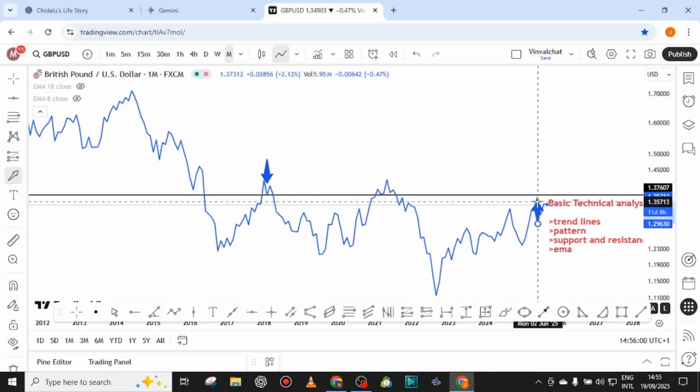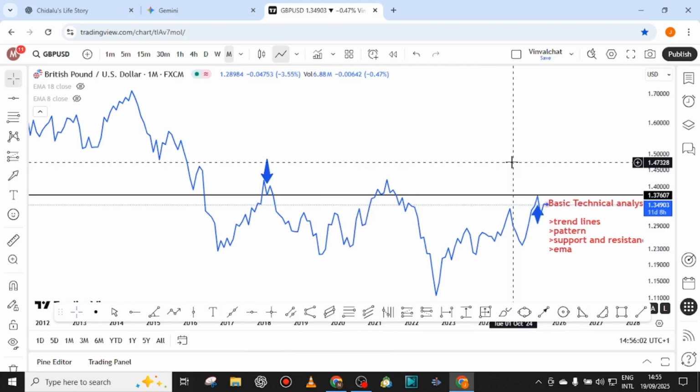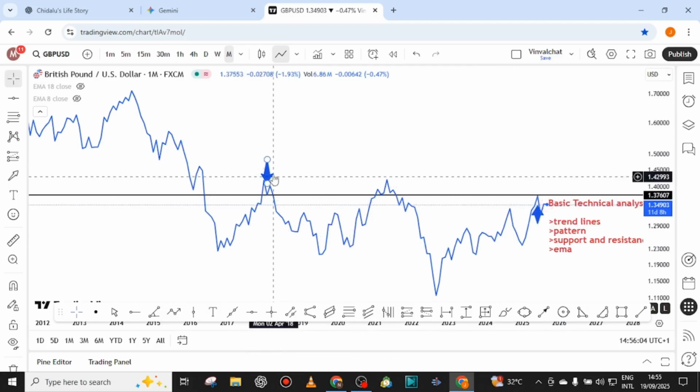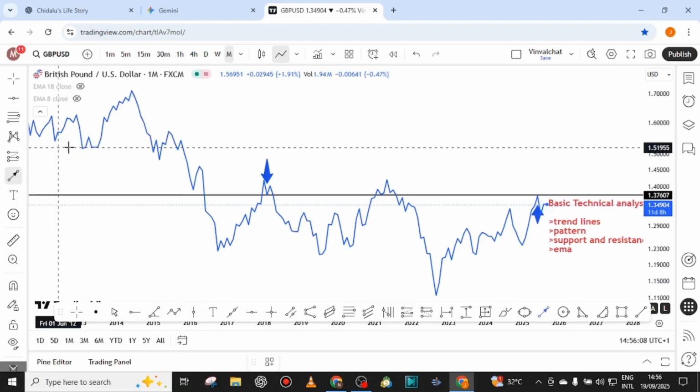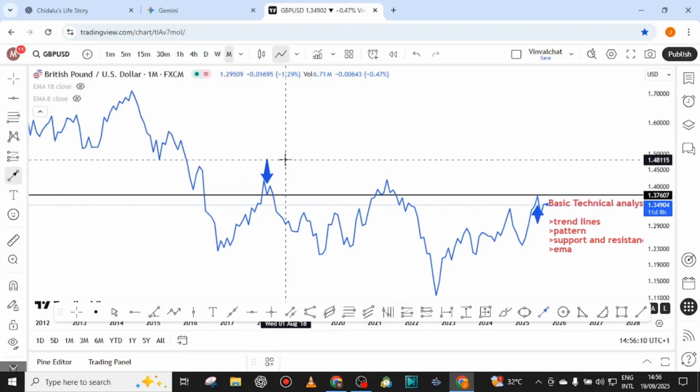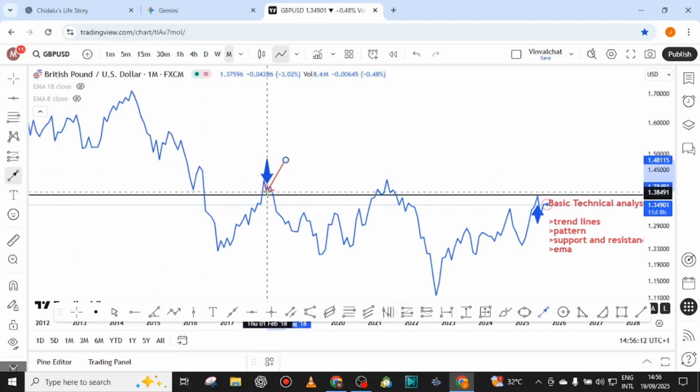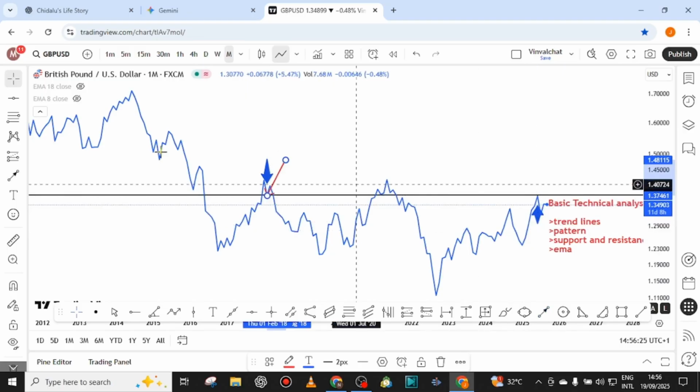I don't know if you get what I'm saying. You can see this particular point here, let me use a lighter arrow. You can see that the line touched here. The line just printed an edge on this horizontal line. And then there's another touch here as well from above.